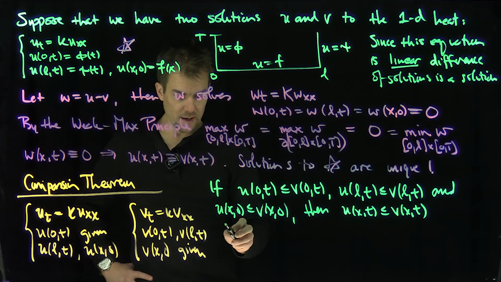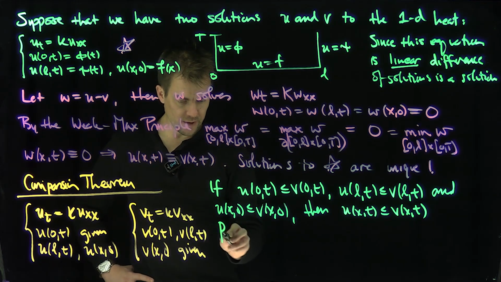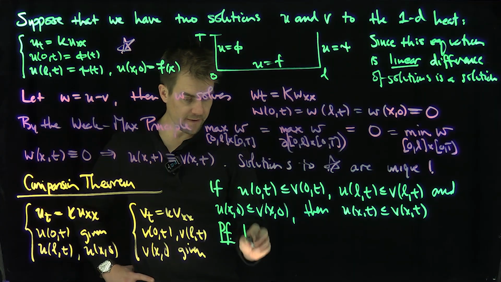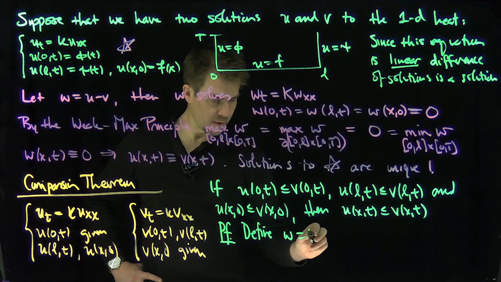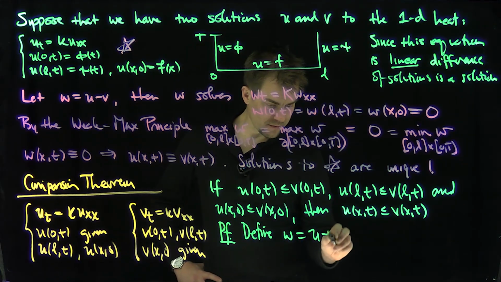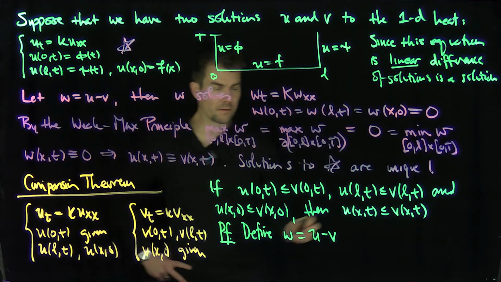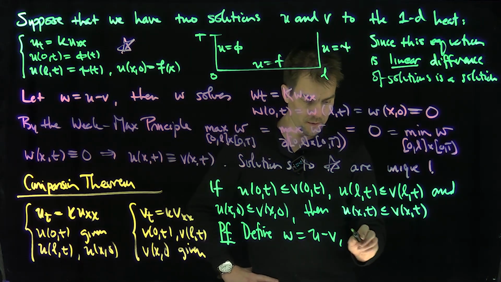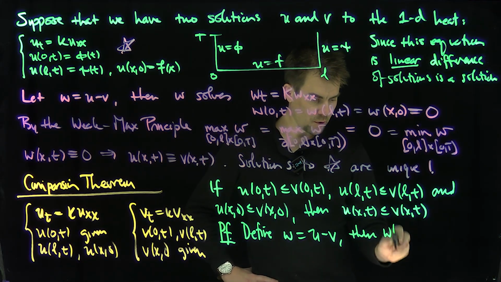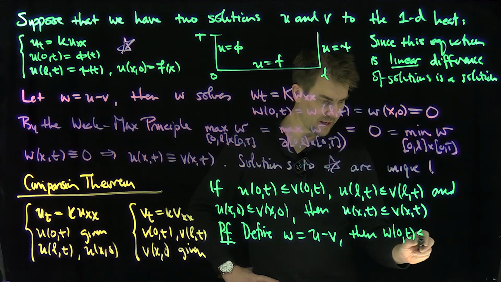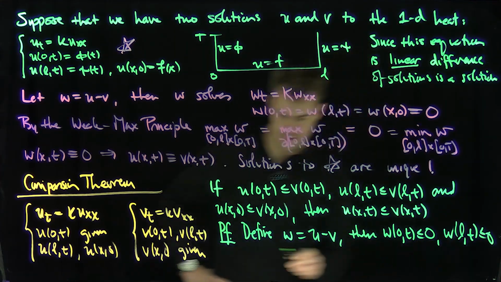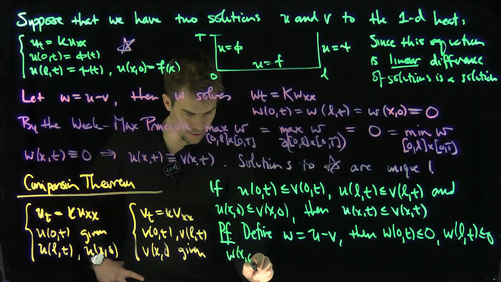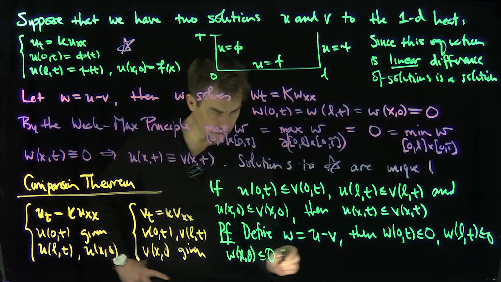Here's the proof of this fact. We're going to do the same trick. If I define w to be just u minus v, then all of w's initial data is less than or equal to 0. Then w(0,t) is less than or equal to 0, w(L,t) less than or equal to 0, and w(x,0) less than or equal to 0.